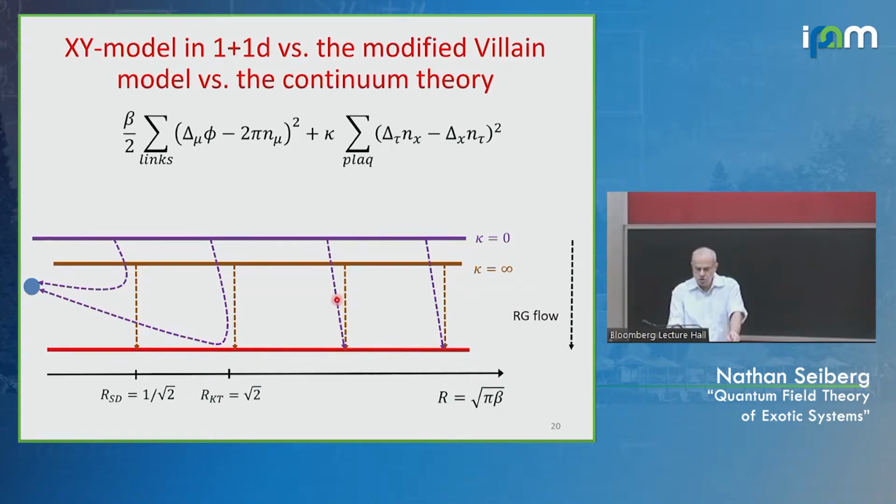And it flows at long distances in the IR to this compact boson theory for every value of beta. And unlike the original theory, which does not have the winding symmetry and has only the momentum symmetry, the theory with infinite kappa has both the momentum and the winding symmetry, very much like the continuum theory.